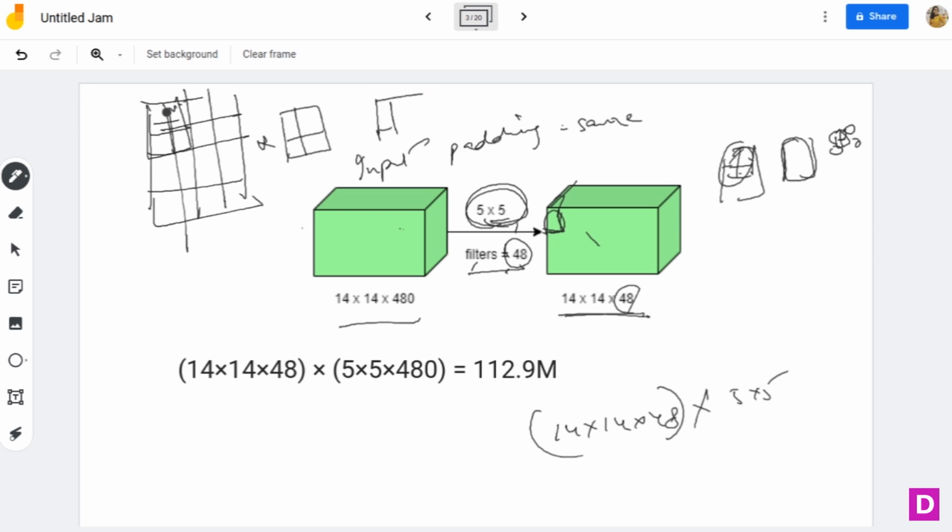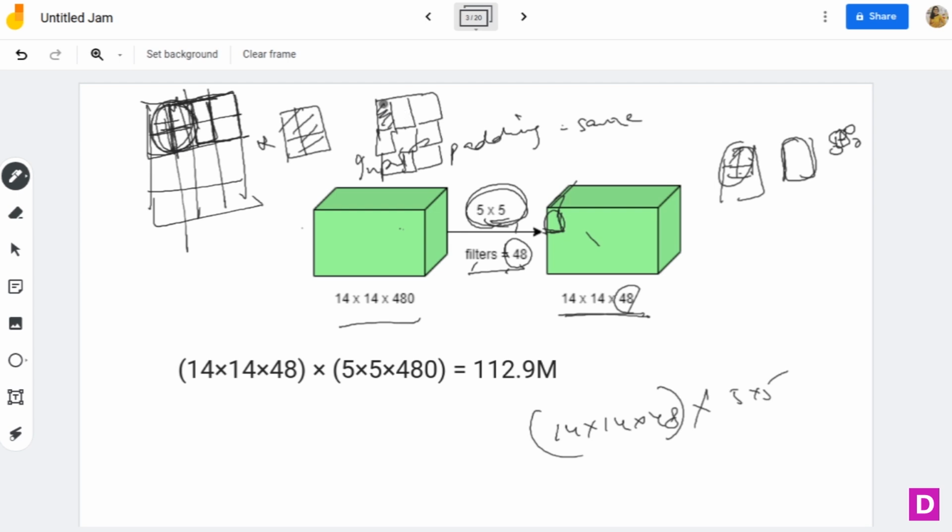Then, let's say it has a stride of 1, you will place this here next time and get the second value, and finally here for the third value. In the same way, you will place it one row down, and in this manner you will get a 9 cross 9. So for every block we are calculating a convolution.